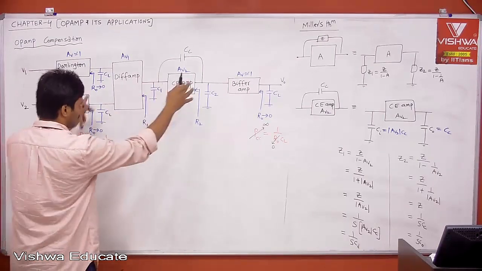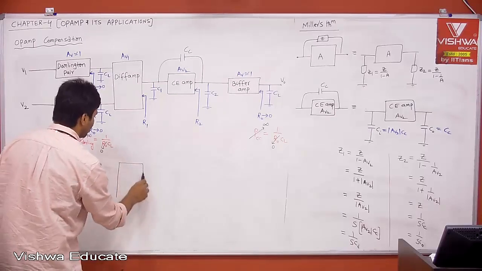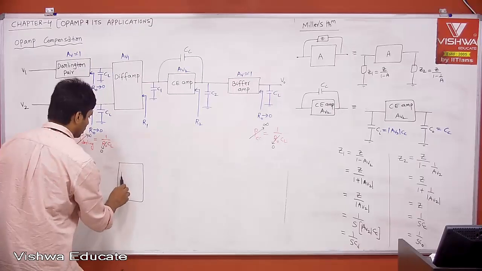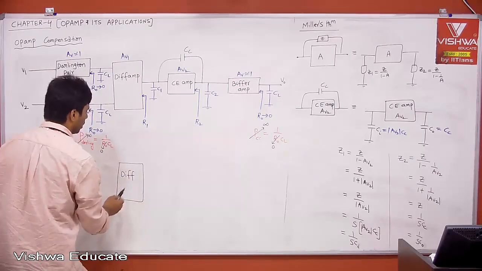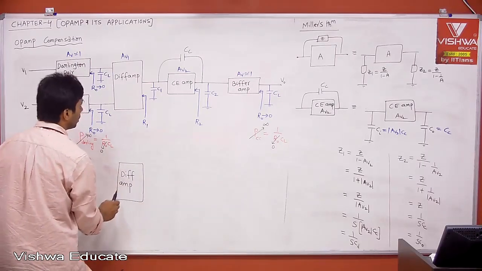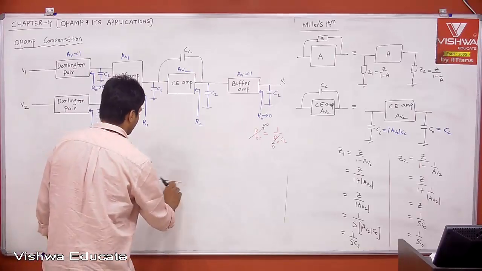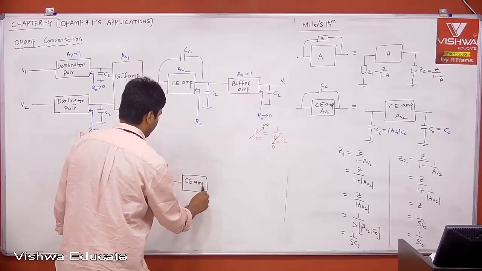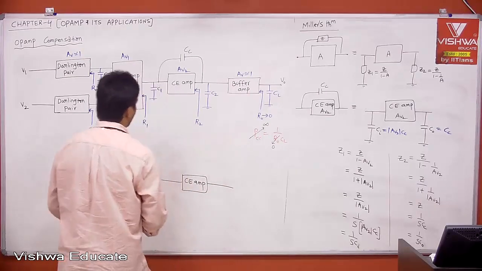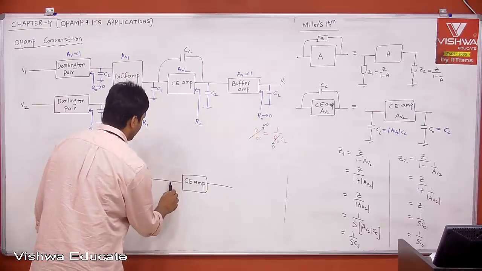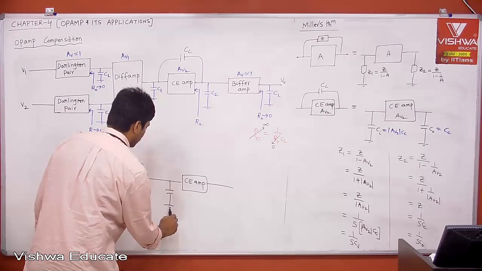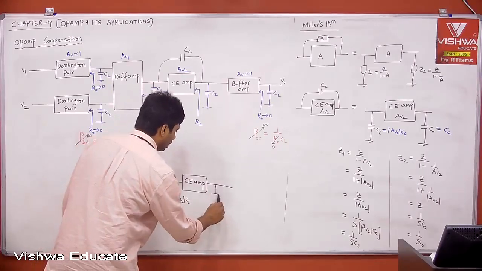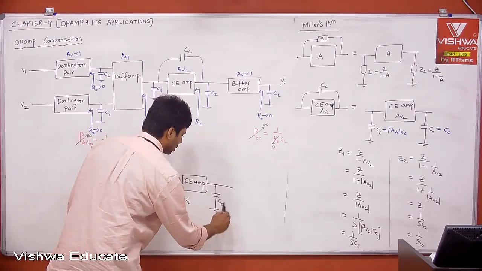Now tell me what will be your new, or if you take only the differential amplifier, I am just drawing this portion. This is your differential amplifier, and this is our single stage amplifier, your CE amplifier. Now we are getting second stage gain AV2 into CC here, and the Miller compensation just CC.